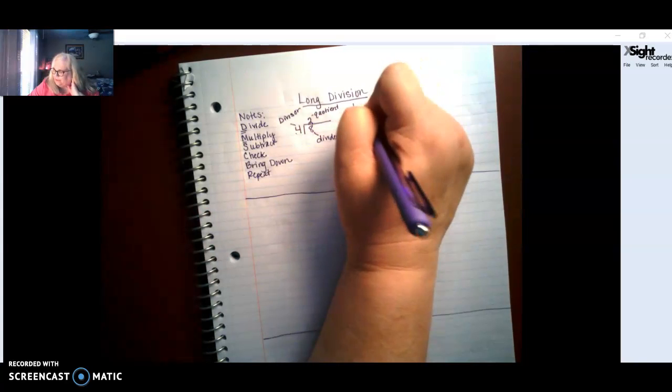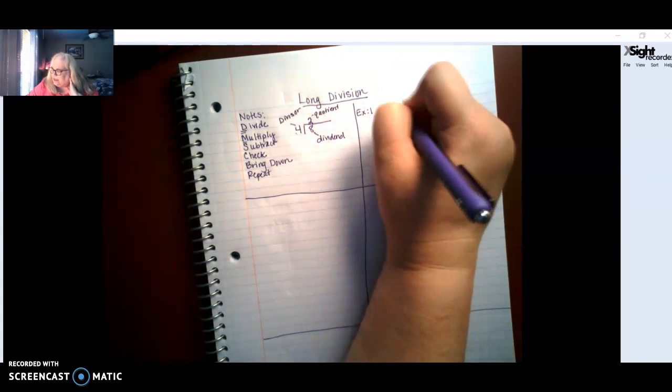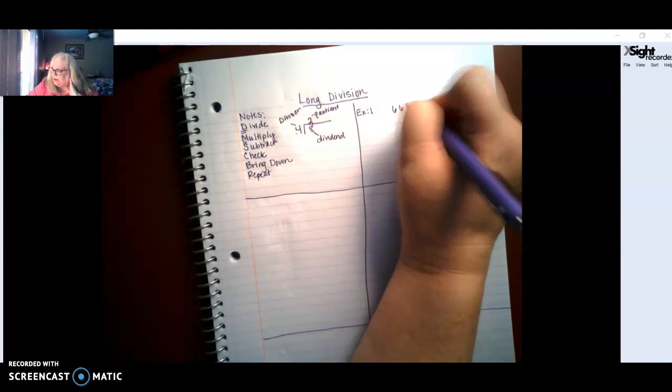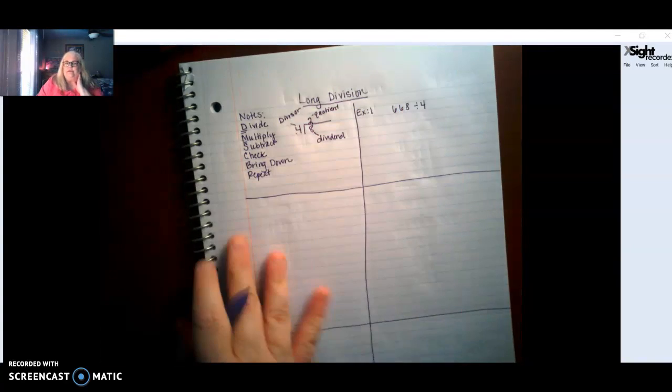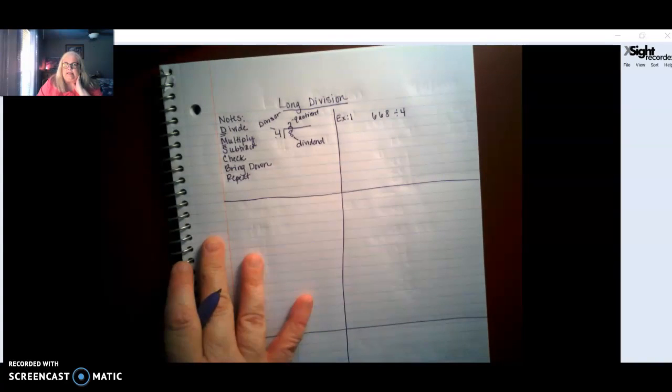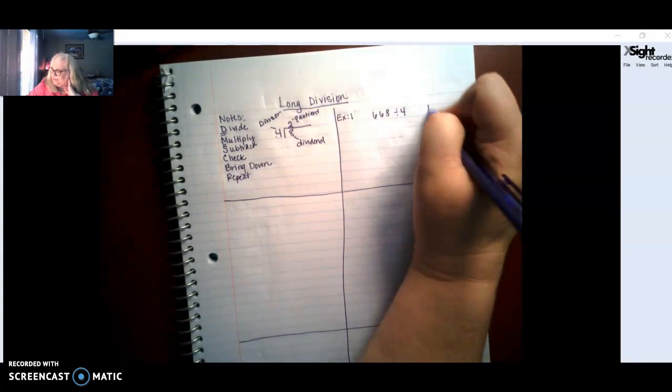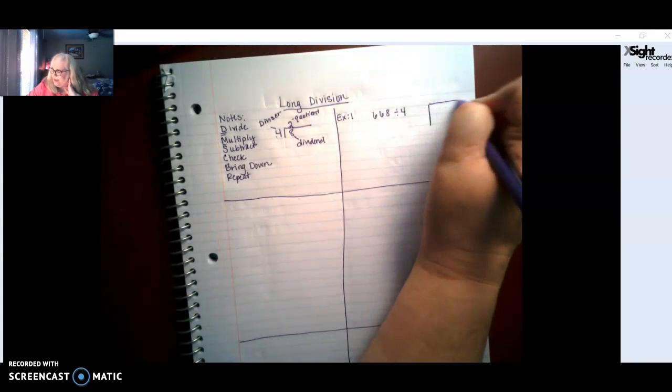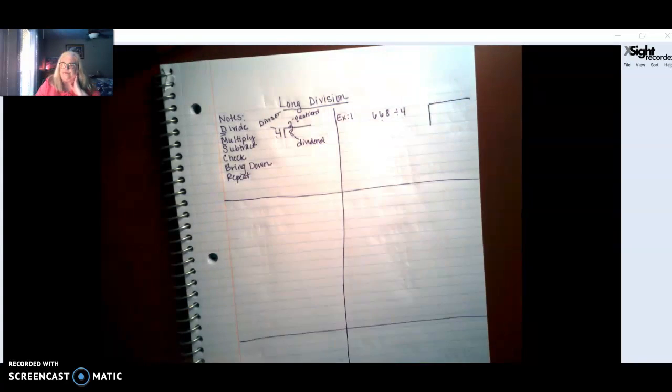Example number 1. 668 divided by 4. The first thing we do when we're setting up this problem is decide which number is the dividend, or which number goes in the house. The dividend is the first number.